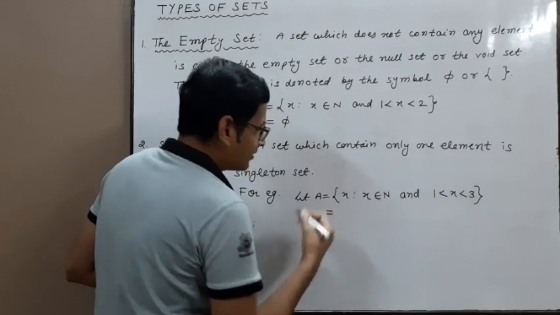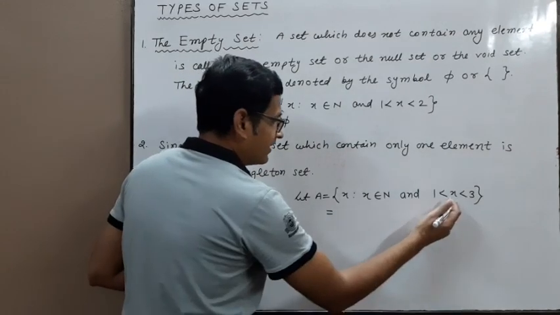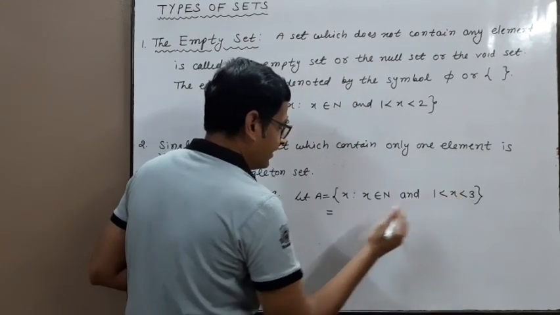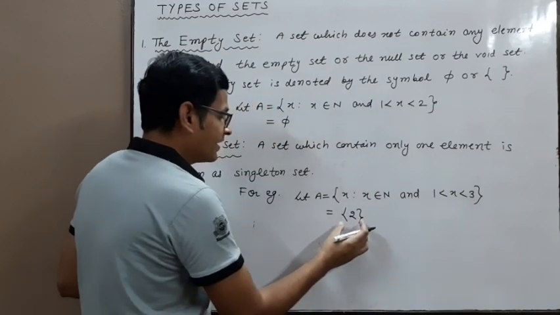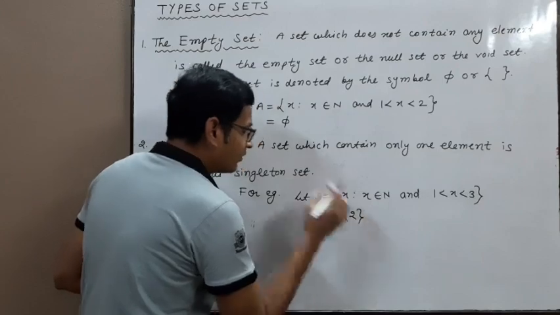Now convert into roster form. So we know that there is one natural number between 1 and 3, 2. So this is called singleton set. This set contains only one element.